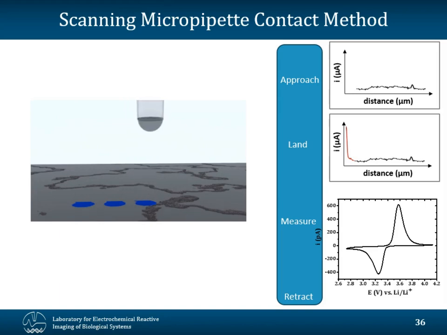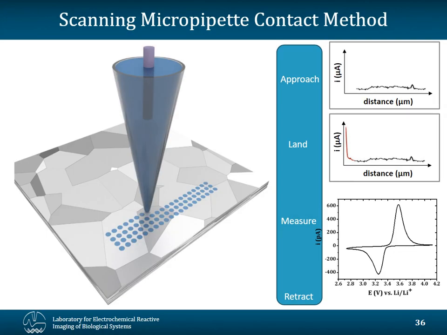And with the SECM, by monitoring the current, you can set a threshold that will help you land the micropipette on the surface. And this is the second panel on the right-hand side. Once you land, you can carry out a voltammogram, a galvanostatic experiment, coulometry, whatever you would normally be able to carry out with a potentiostat.